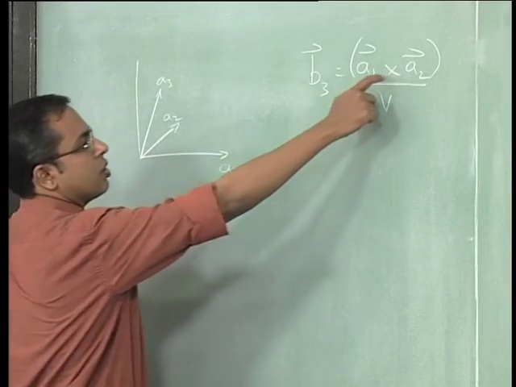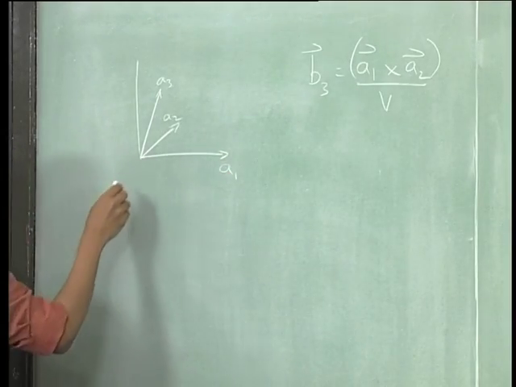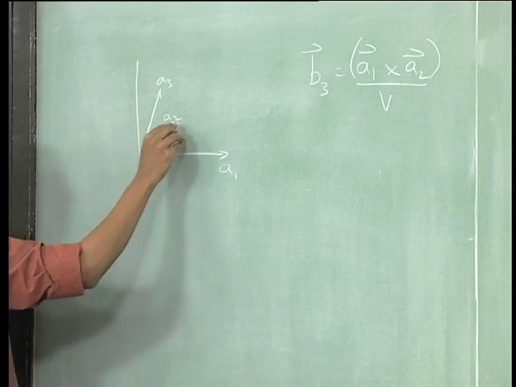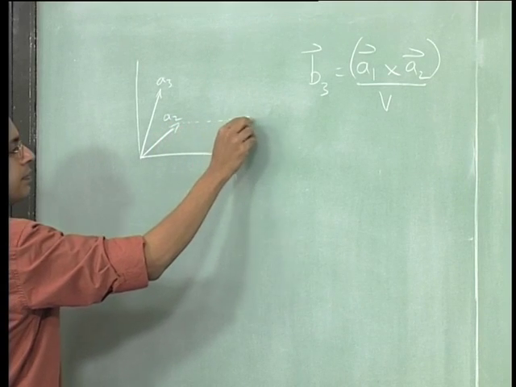If you look at A1 cross A2, by the standard definition, that is the area of this parallelogram.